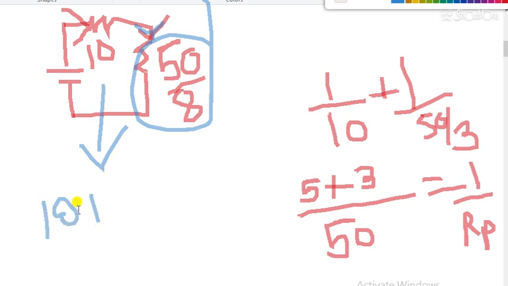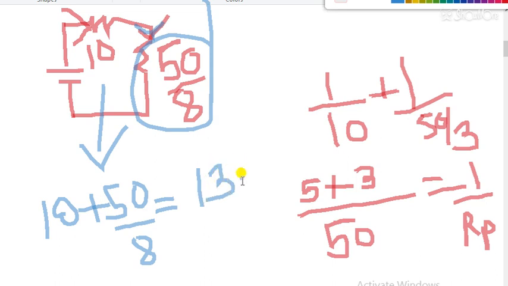So 10 plus 50 by 8. That means your equivalent resistance for this question comes out to be 80 plus 50, 130. So 130 by 8 ohm will be the right answer for this question.